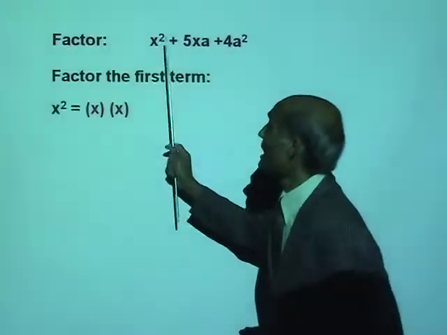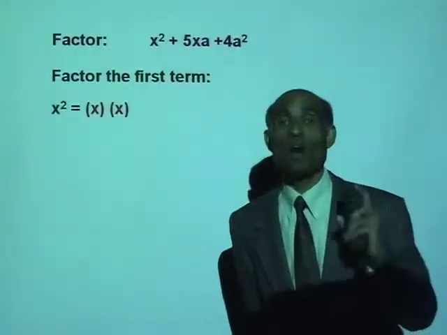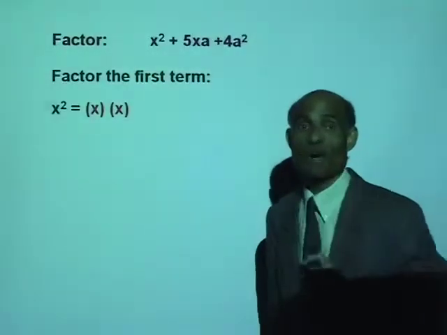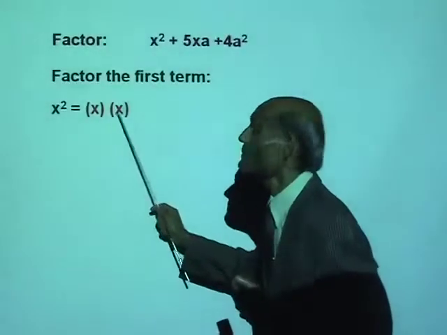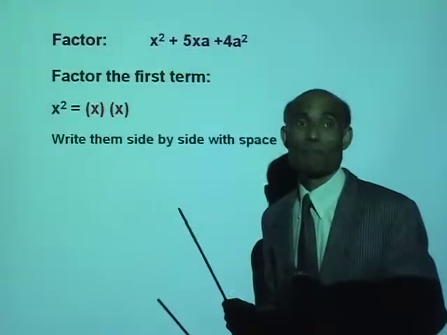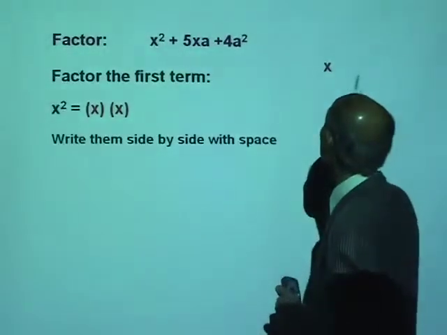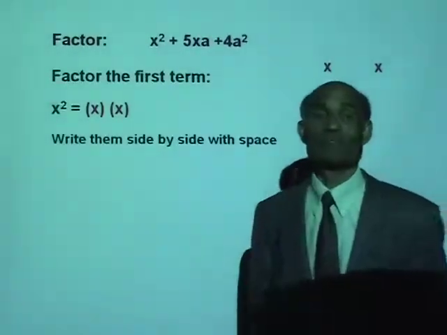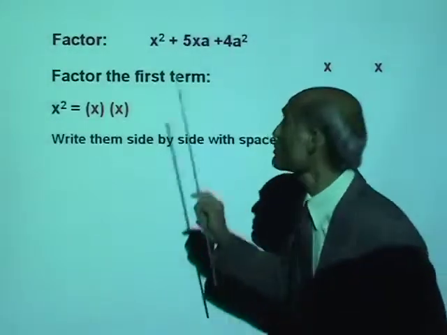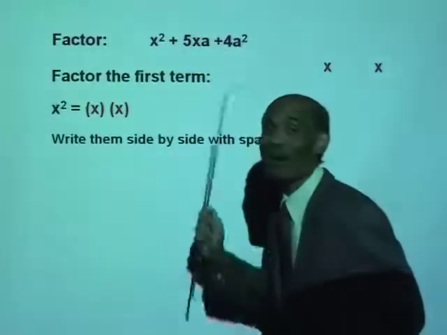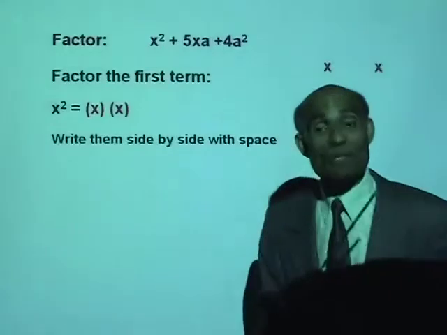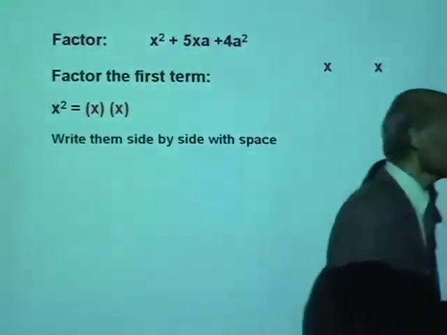Starting is factor the first term. And there is only one way to factor x squared. What is that? x times x. All right, write these side by side. Now, how do we factor 4a squared? There are many ways to factor 4a squared.